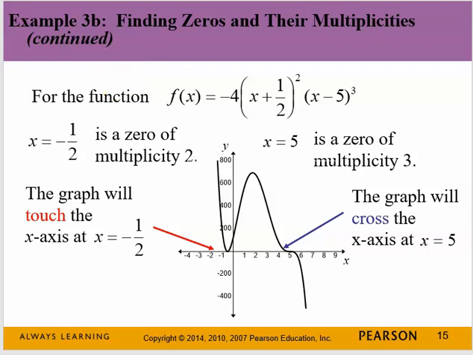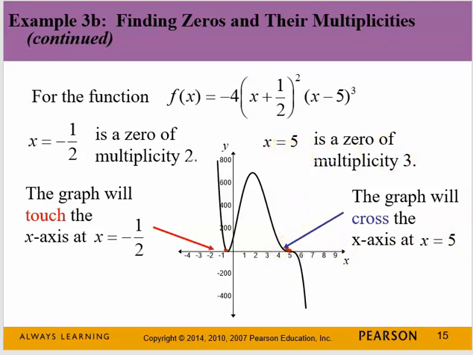So continuing example 3, here is the graph of this. And it would be something to be able to put all the points and then sketch it. But notice here at negative 1/2, there's a multiplicity of 2. And here at 5, now the graph crosses here, but there is a multiplicity of 3 at this point.